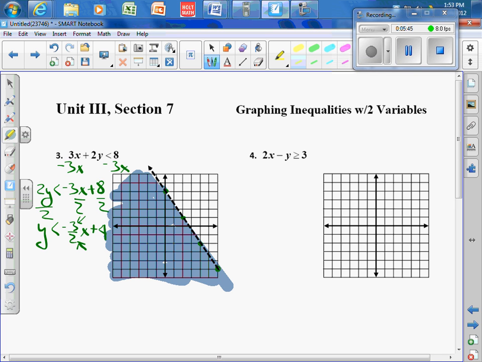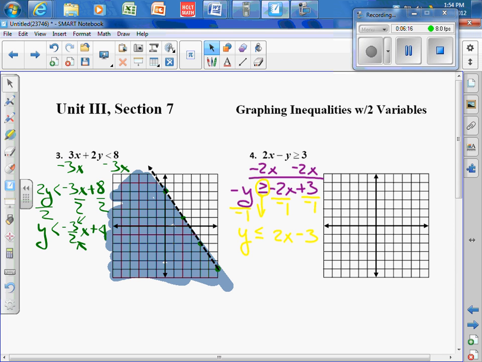In number 4, we have 2x minus y is greater than or equal to 3. So I need to subtract 2x from both sides. Leaves me with the opposite of y is greater than or equal to negative 2x plus 3. Divide everything by negative 1. We'll have y on the left side, positive 2x on the right side, and a minus 3 as well. But keep in mind, since we are dividing by a negative, we flip the inequality sign.